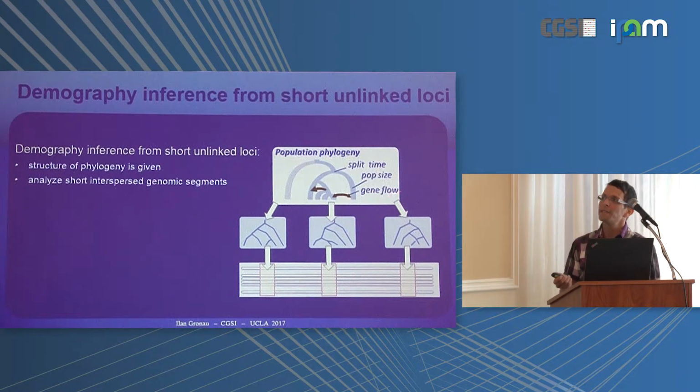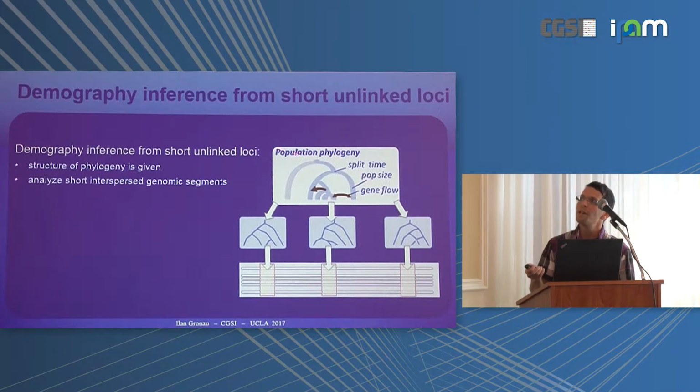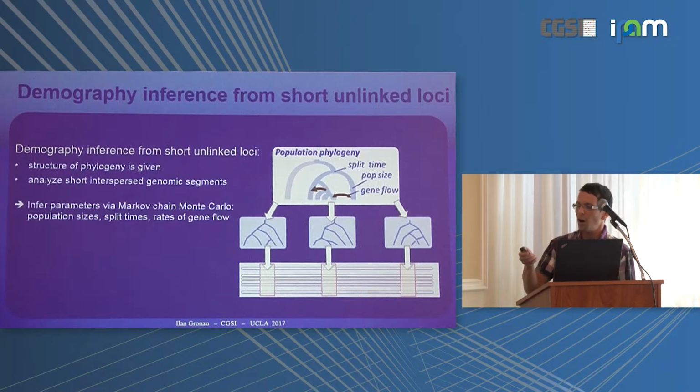So the idea, again, in all of these Bayesian demography inference methods is that you assume a known structure for your population history, and you try to use information about these local trees along the genome to make inference about the demographic parameters, which are going to be the split times, population sizes along branches, and migration rates.